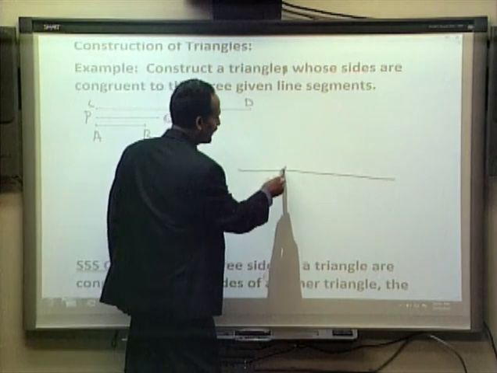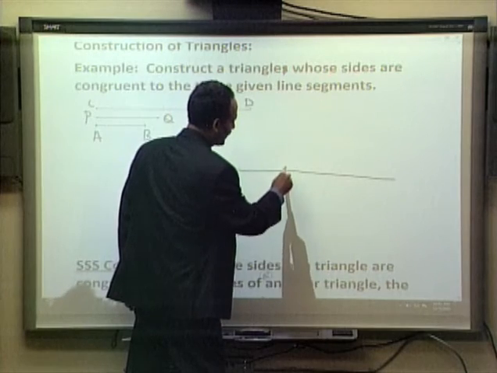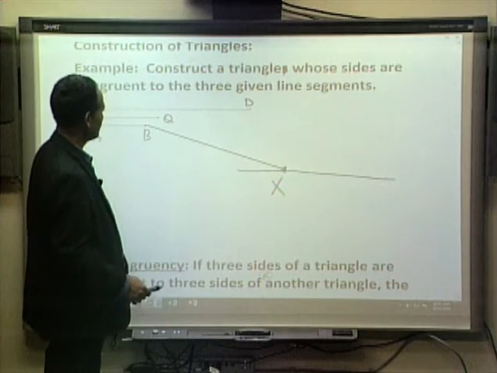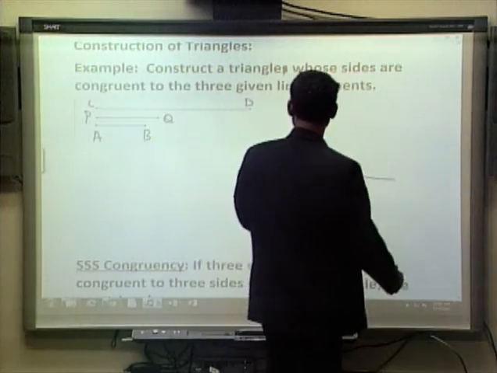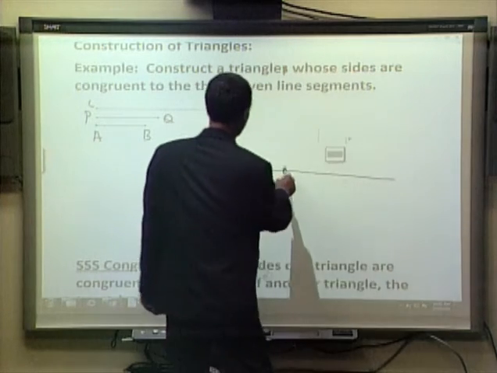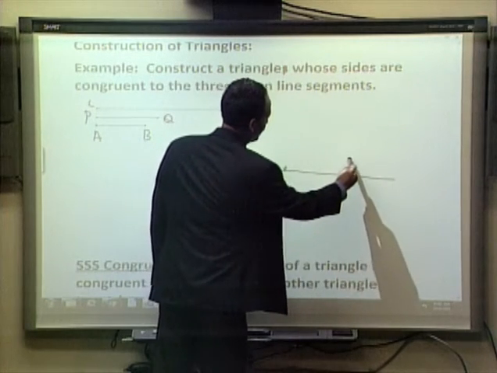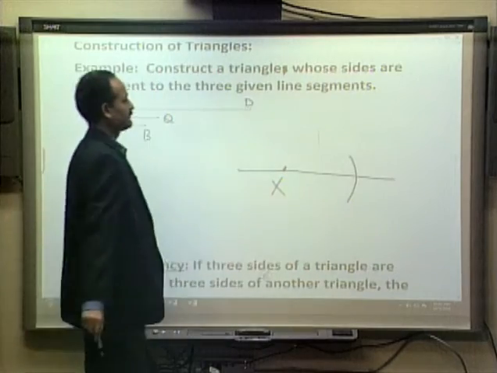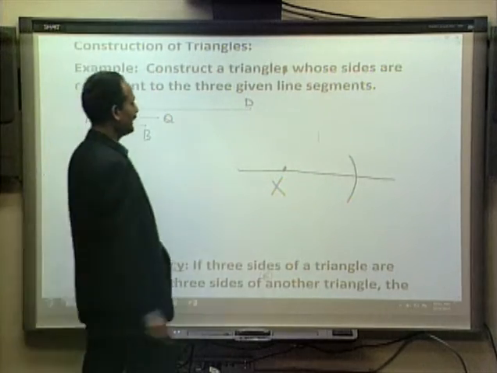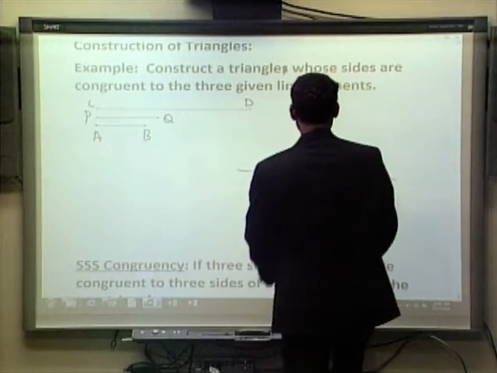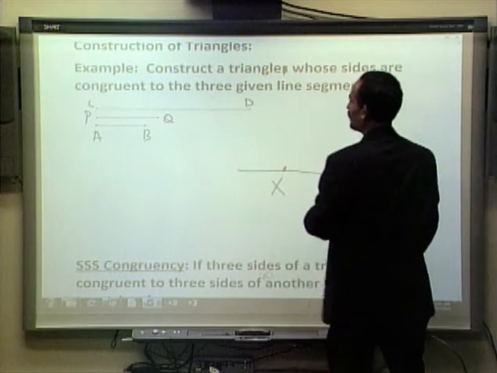Using the same opening, we put one end of the compass at X and draw an arc, and let us say this is Y. Now, this XY will be congruent to AB.